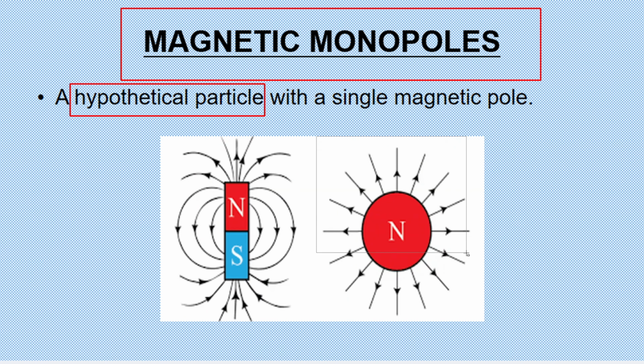So in case someone says that we have a north pole, and from that north pole there are certain magnetic field lines emerging out, the answer to this statement is simply that magnetic monopoles are hypothetical particles and they do not exist in nature. Whenever we consider magnetism, we say that North Pole and South Pole always exist together. There is no isolated North Pole or isolated south pole. Hence, magnetic monopoles do not exist in nature.